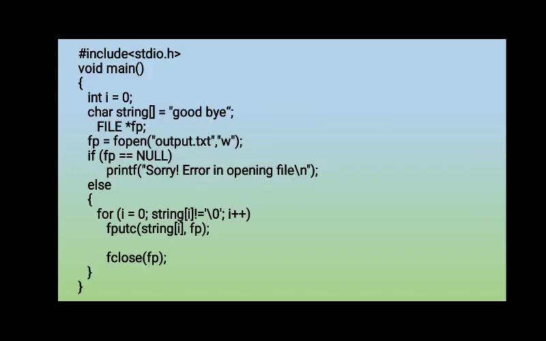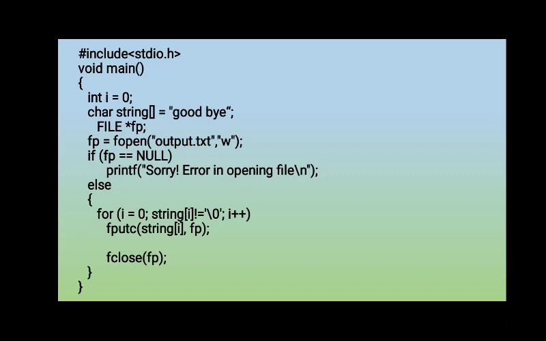Here we are going to declare a file pointer fp. We also have a string which has the content goodbye, and we are opening the file output.txt, which is opened in the write mode. We are going to write the data into the file, that's why we're using the write mode. Again we are checking if there is any error in opening the file. If there is no error, we are going to write the string into the file by using the fputc function.